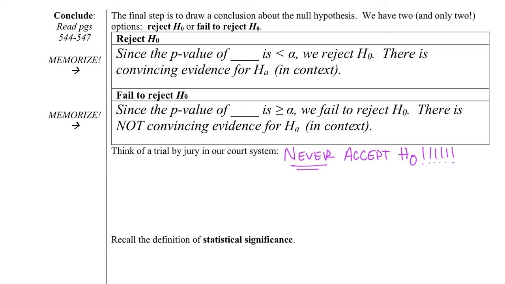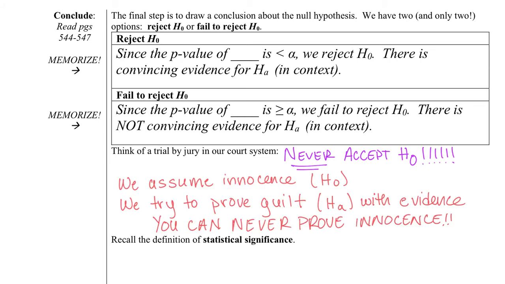So think of a trial by jury in our court system. We know the saying that we always assume innocence until proven guilty. So in trials, we assume innocence. That would be our null hypothesis. We try to prove guilt.